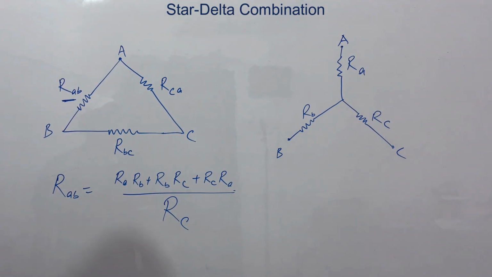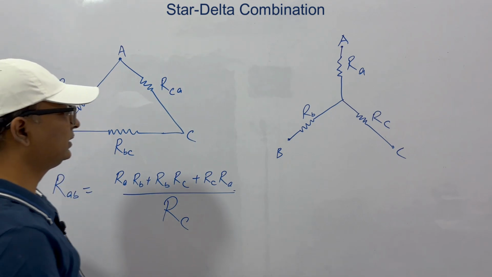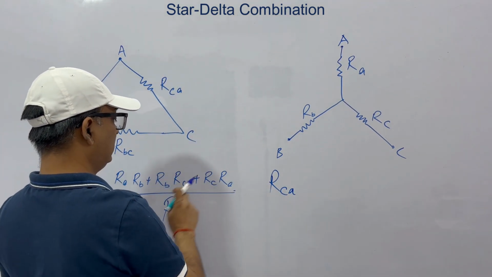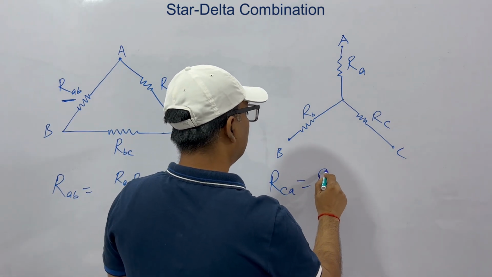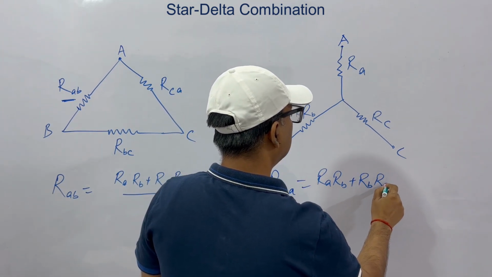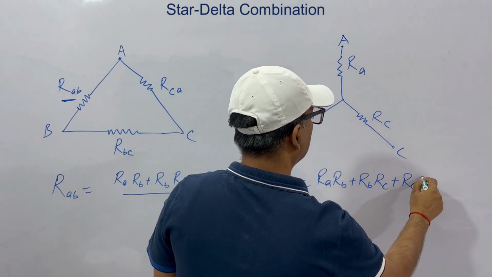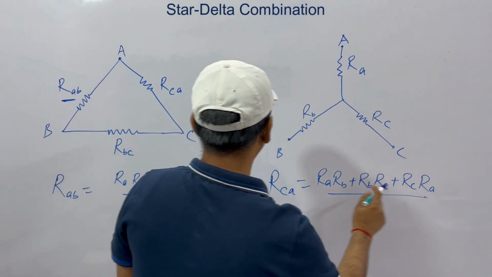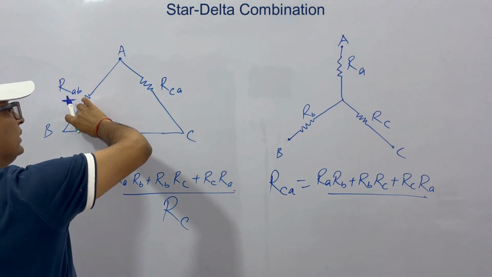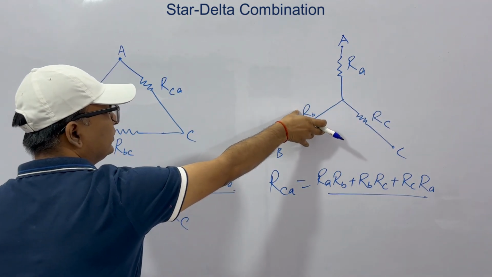Similarly, you want to know what RCA is. Again, this is common: RA RB, RB RC, RC RA. And we are talking of CA, so which resistor is in front of this? In front of this we have RB.